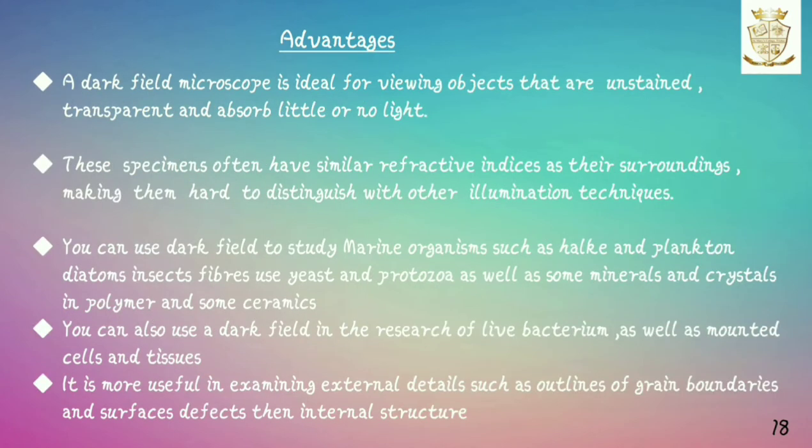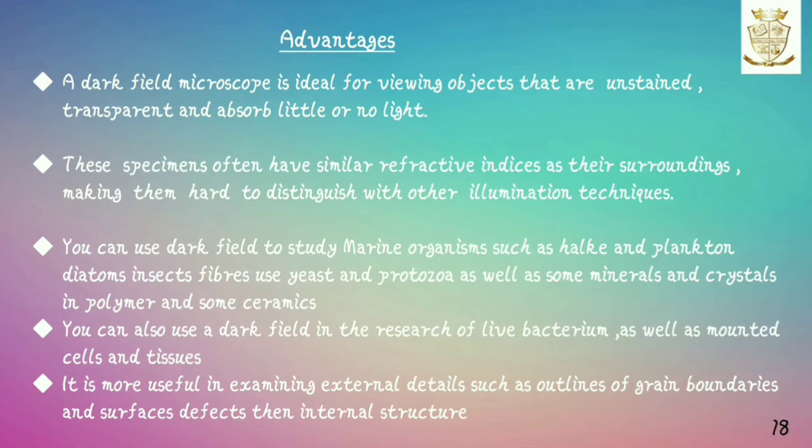Then we want to discuss the major advantages of the dark field microscope. A dark field microscope is ideal for viewing objects that are unstained, transparent and absorb little or no light. These specimens often have similar refractive indices as their surroundings, making them hard to distinguish with other illumination techniques.